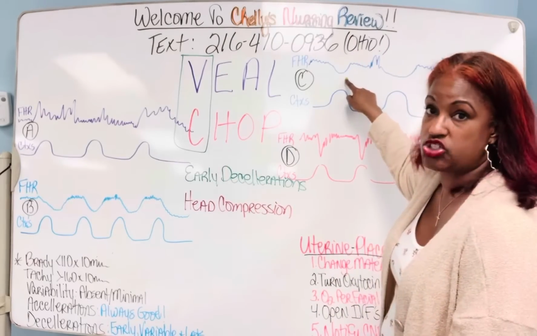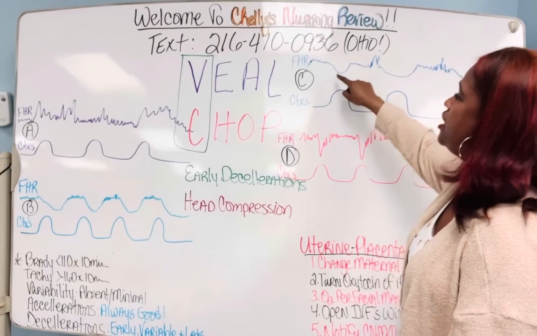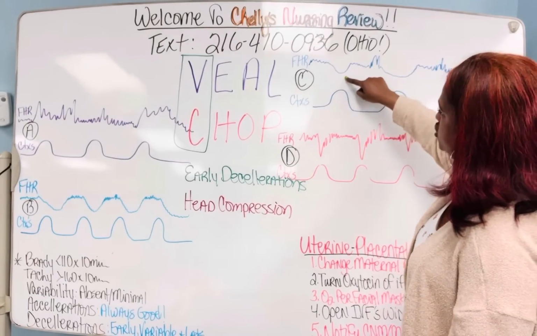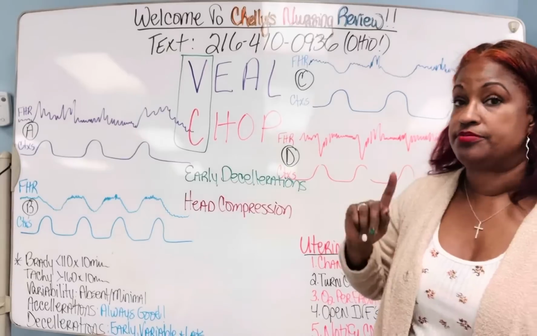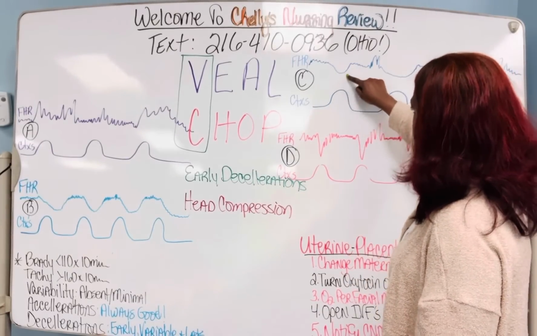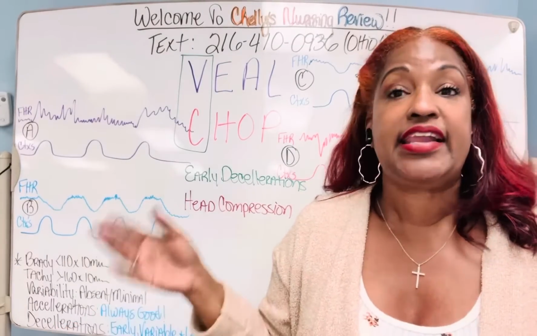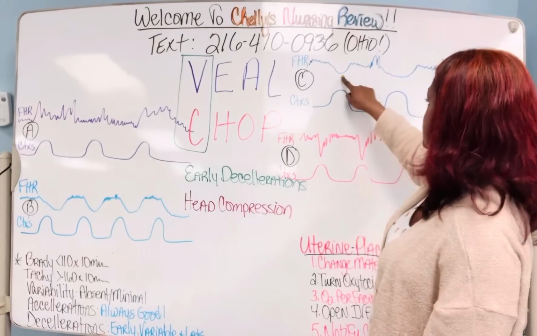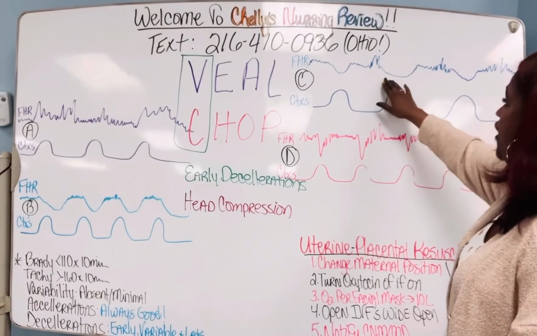Head compression, which is what strip letter C is, is where the contraction mirrors the fetal heart rate deceleration, which means going down. It mirrors the peak of the contraction. It really looks like an upside down contraction. It's very gradual.